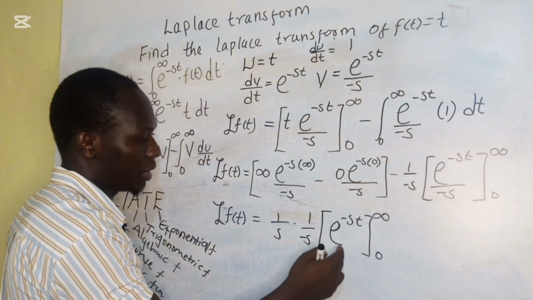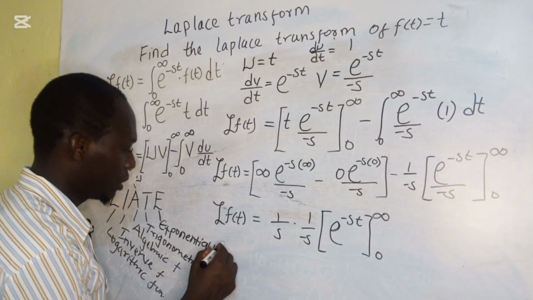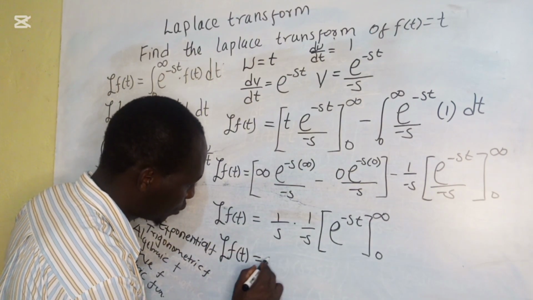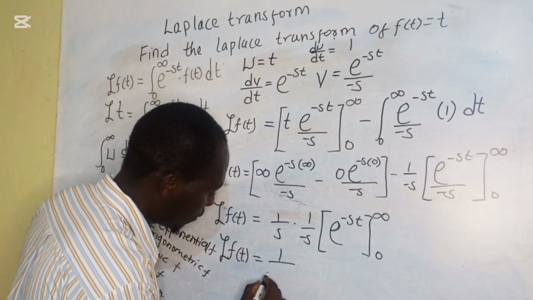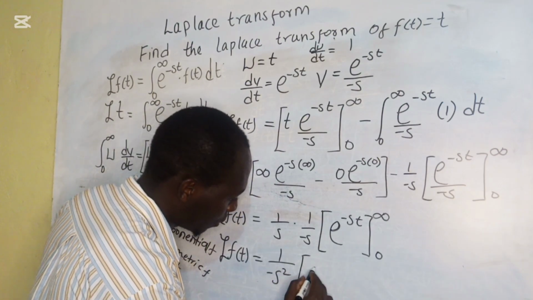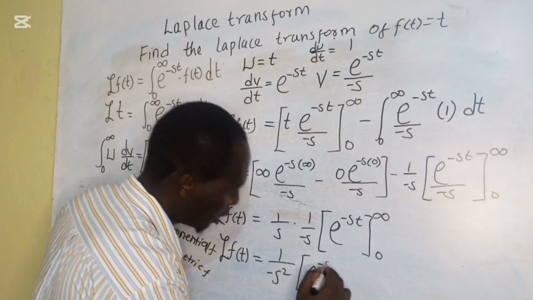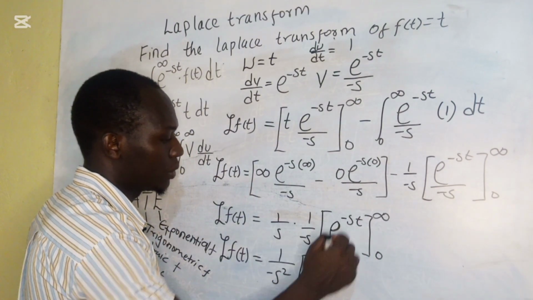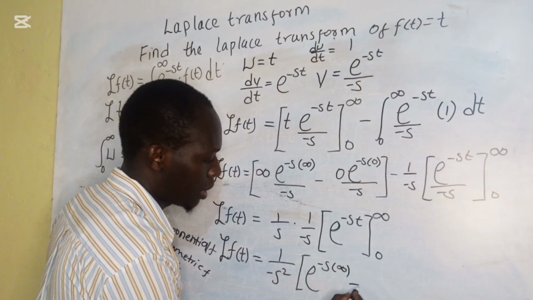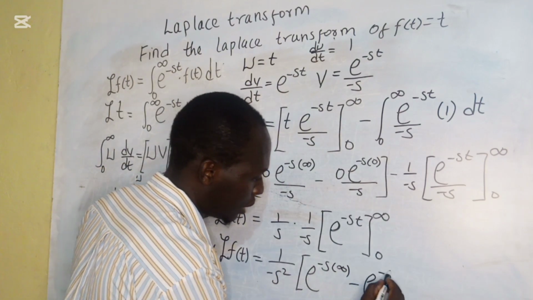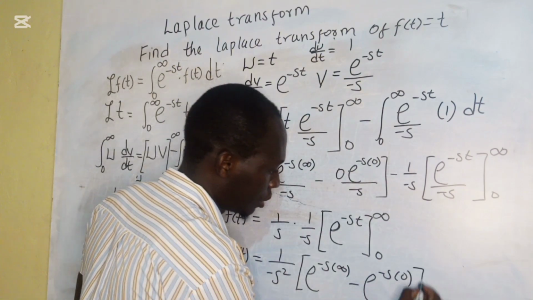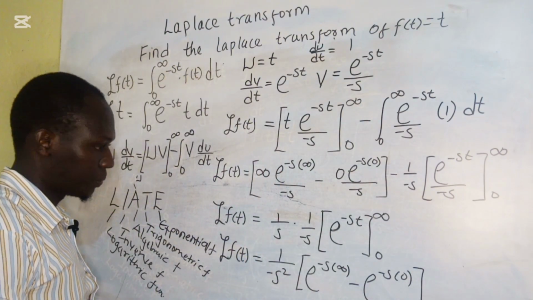Let us now insert our class limits, whereby the Laplace transform of our function f of t is going to be equal to 1 all over negative s squared into exponential negative s. We insert the upper class limit for the term of t, we have infinity. We subtract from exponential negative s, we insert our term of t there.